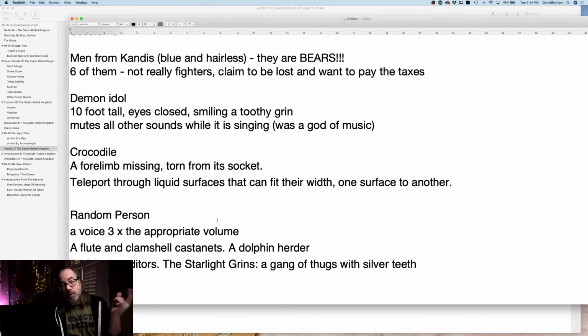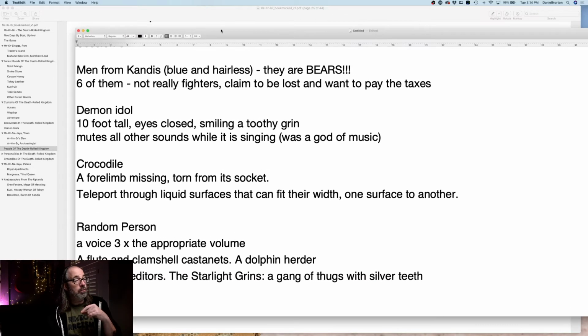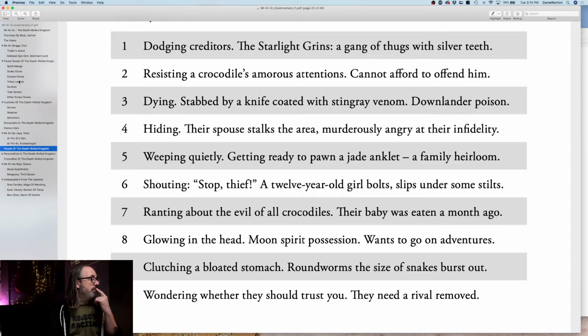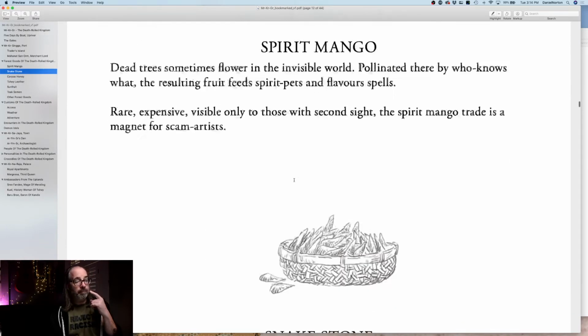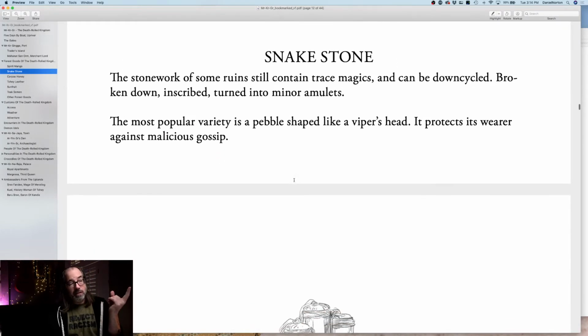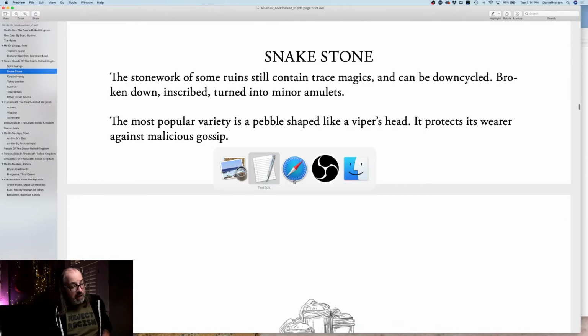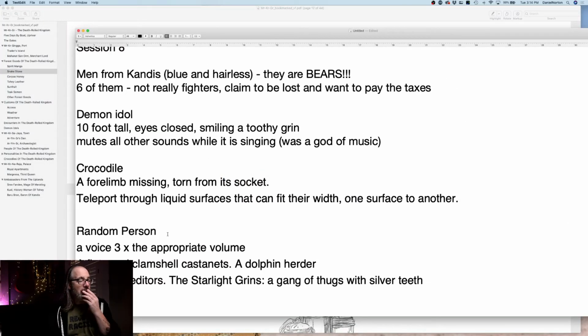Okay. So here's what I'm thinking. Right, because my original inspiration here was going to be to do something with the snake stones. But since this has an interesting twist already, what I'm thinking is this person, someone in their family, oh, not a family member. No, let's make it more interesting.